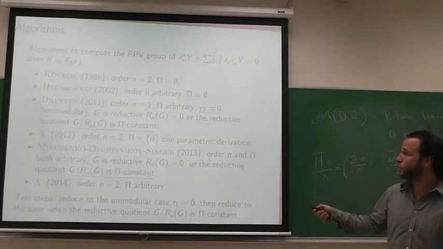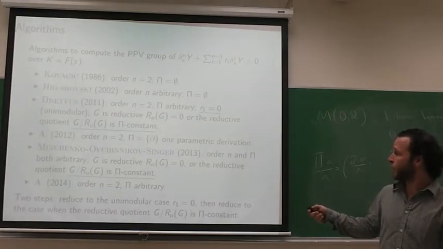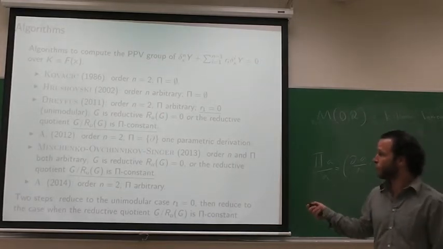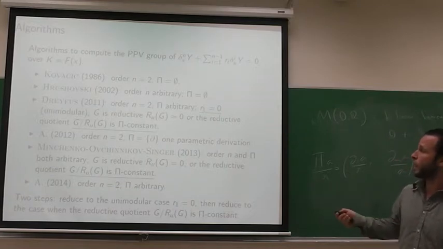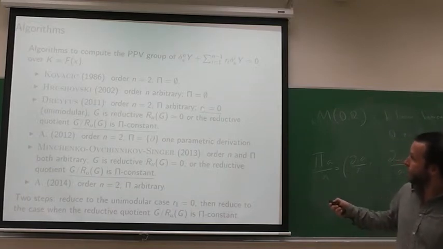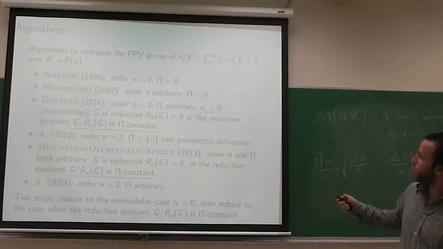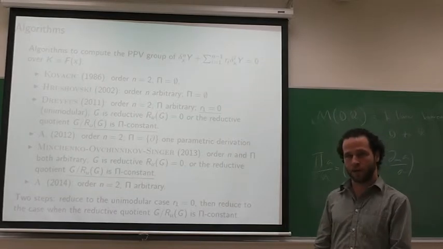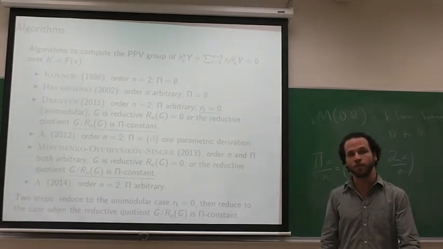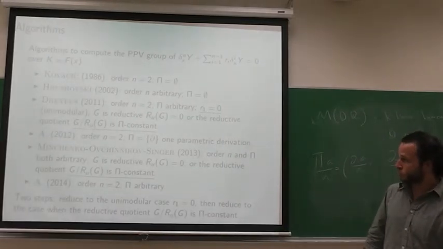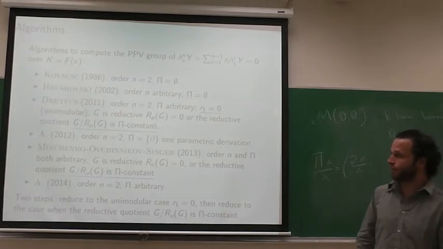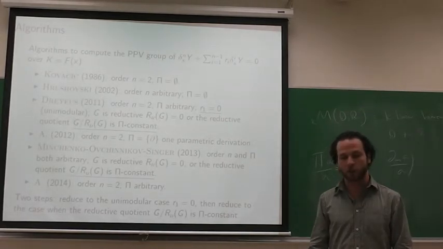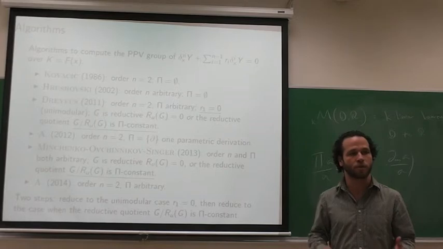More recently, Dreyfus published an algorithm that allows you to compute the parameterized Picard-Vessiot group, assuming that this middle coefficient r1 from here is 0. That guarantees that the group is unimodular, and by that I just mean that it's contained in SL2. Kovacic does something similar, and the reason that they're doing that is that SL2 has fewer subgroups, so they're easier to compute.